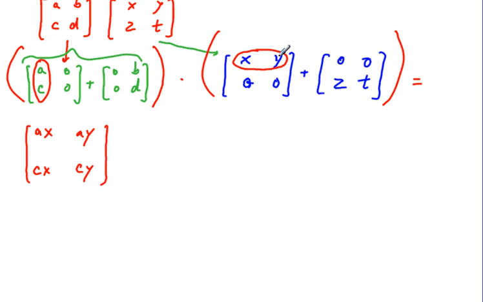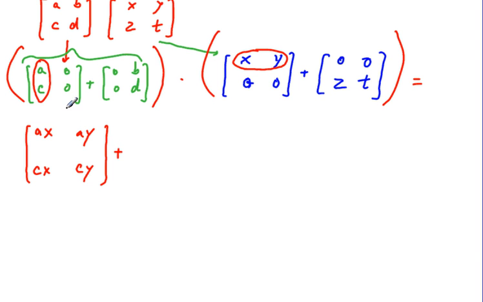A0 times Y0, just AY. C0 times X0, that's just CX. C0 times Y0, that's just CY. So instead of going through all of that, we just call it out like a multiplication table. A times everybody, C times everybody in the second row, and so on.